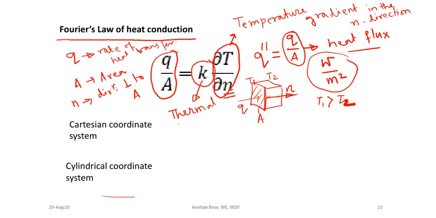So Fourier's law of heat conduction tells that heat flux is proportional to the temperature gradient, and that proportionality constant is k.